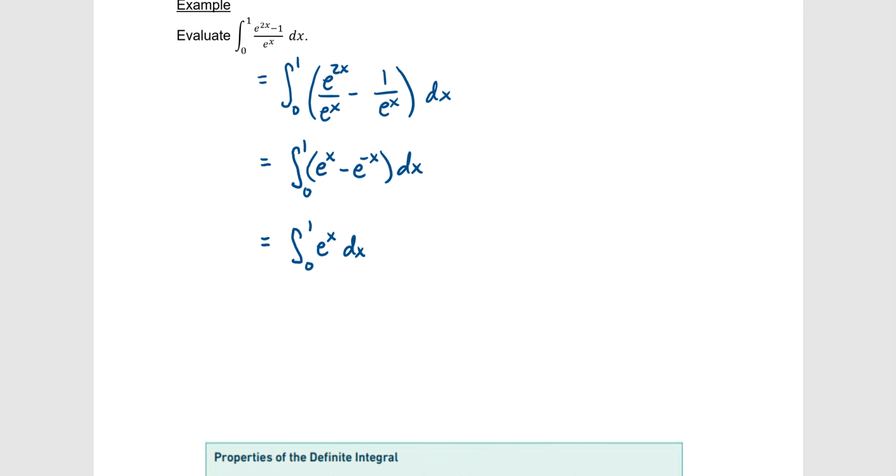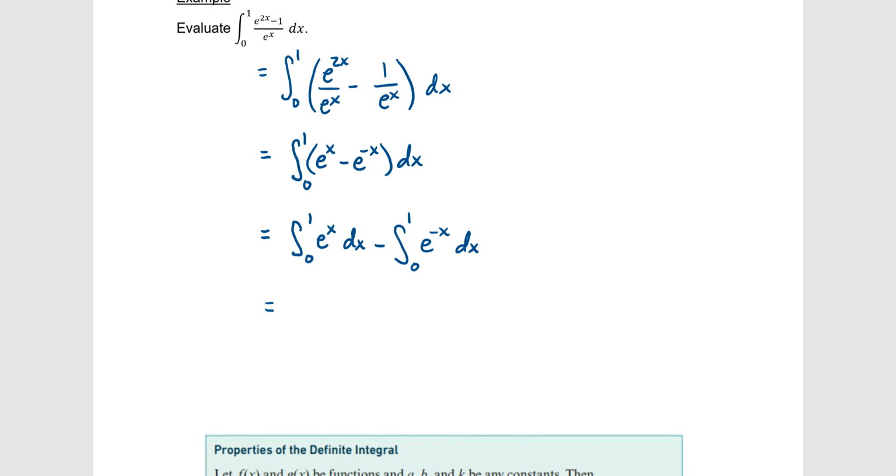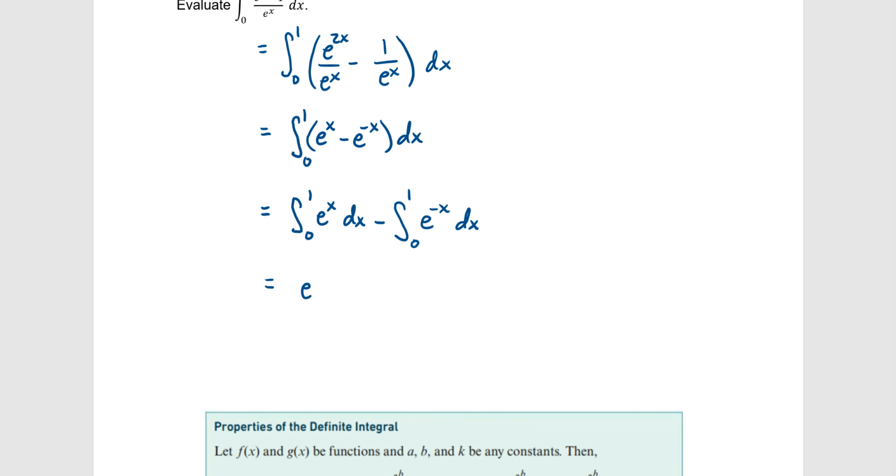So the integral of the first one minus the integral of the second one. The integral of e to the x is just e to the x, itself. Evaluate that from 0 to 1. Minus the integral of e to the negative x, which is e to the negative x over negative 1. Evaluate that from 0 to 1.